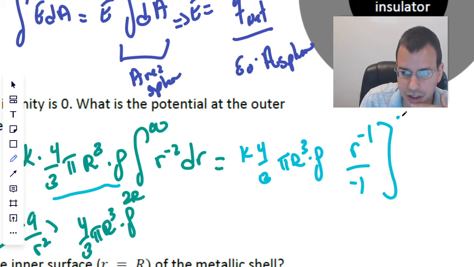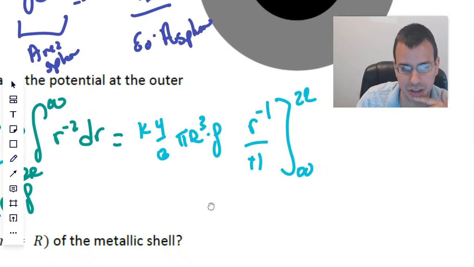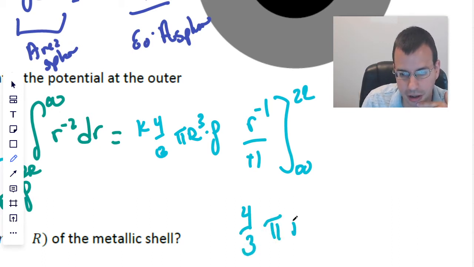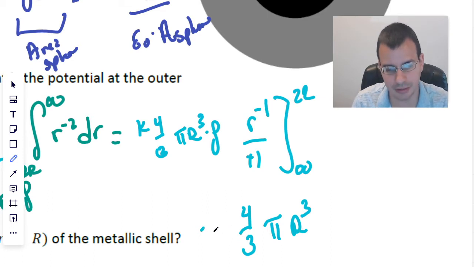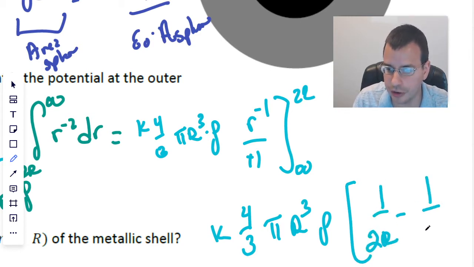I'm going to flip the limits again, a double flip, so it's plus. I'll rewrite this one more time so we can see it more easily: 4/3 pi R cubed k rho, and then 1 over 2r minus 1 over infinity.